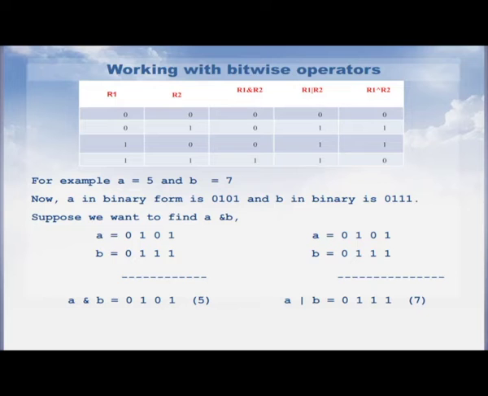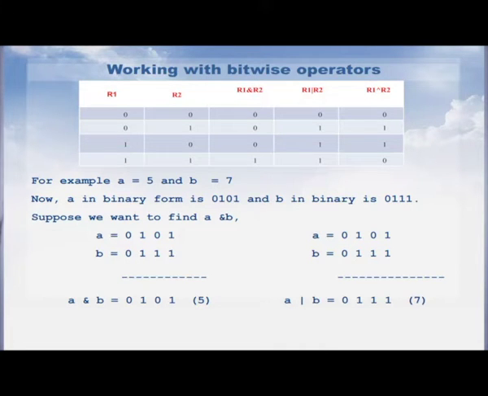What you see here is the working of the bitwise operators. So, coming to bitwise AND, if any one of the inputs is 0, then the output will be 0 for bitwise AND. So, for example, if R1 is 0 and R2 is 0, then R1 and R2 will be 0.